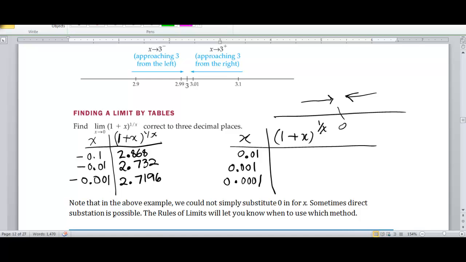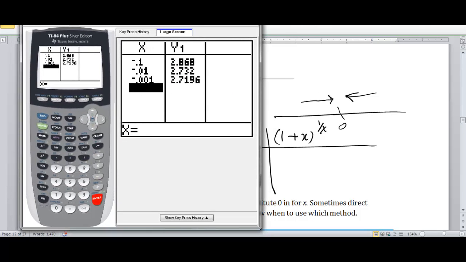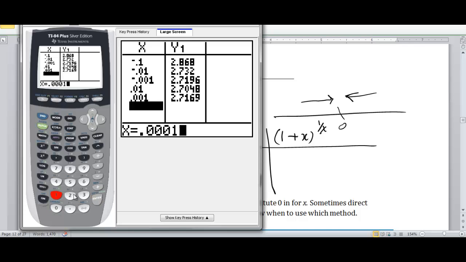And then for the positive side, let's plug in these values. So I know my positive values are, I start at 0.01, 0.001, and then 0.0001.